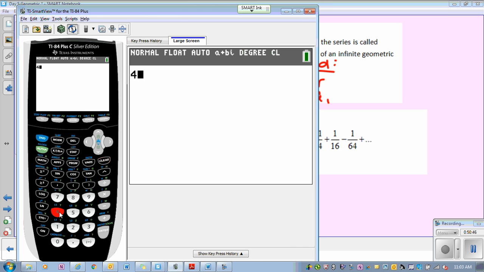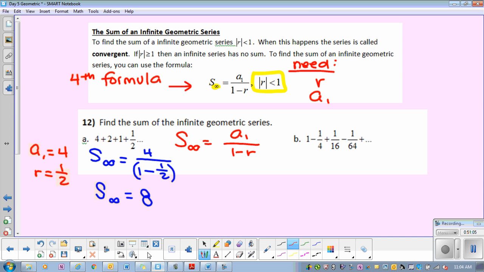So what is it? 4 divided by 1 minus 1/2. You know I like putting parentheses around my fractions, but in this case it shouldn't matter because of order of operations, but let's see. Good. Perfect. Let's try the next one.